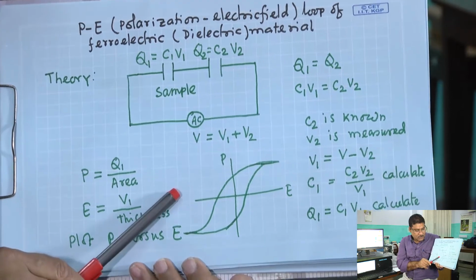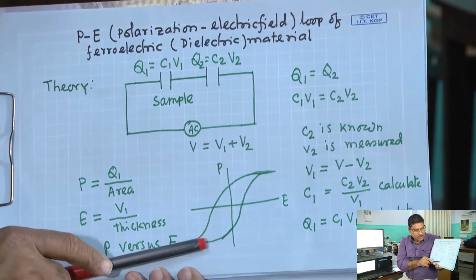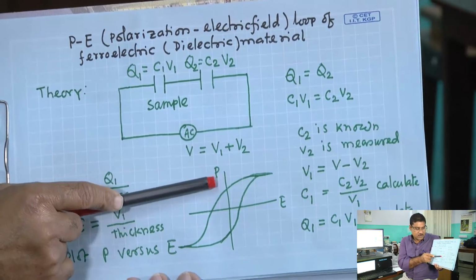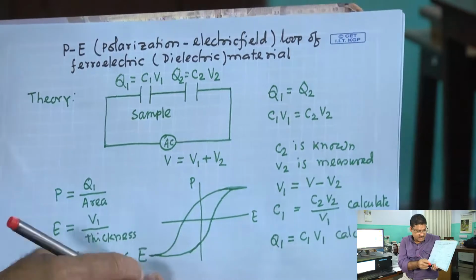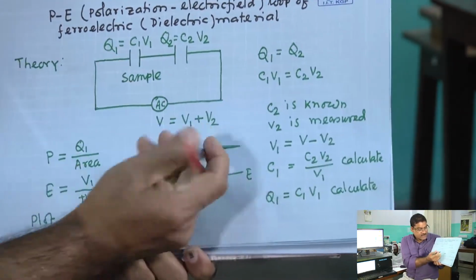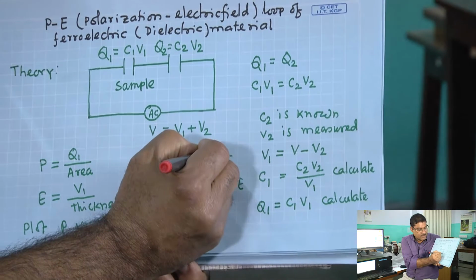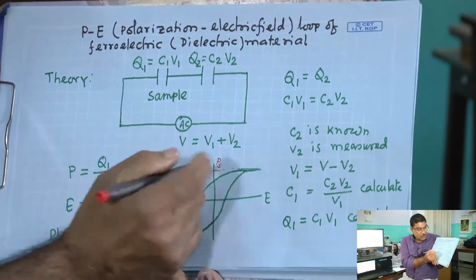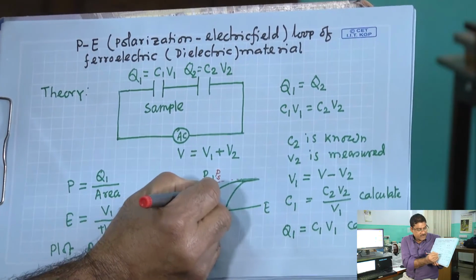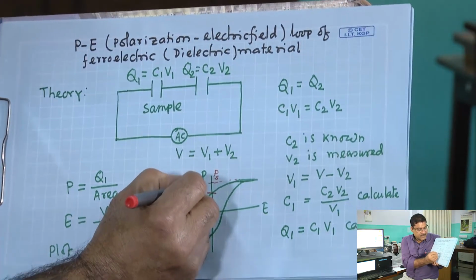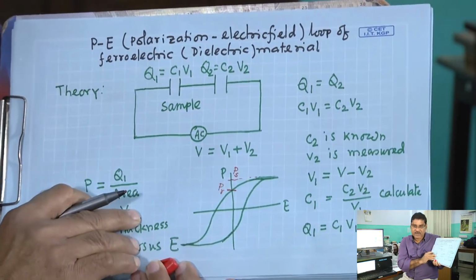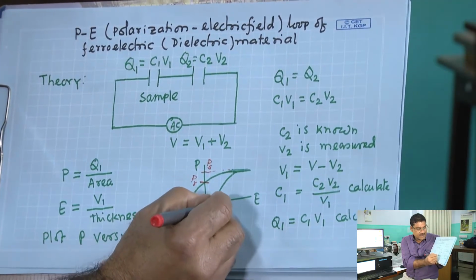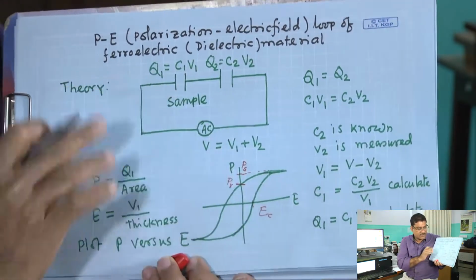From this loop, we can find the saturation polarization PS, the remanent polarization PR, and the coercive electric field EC.